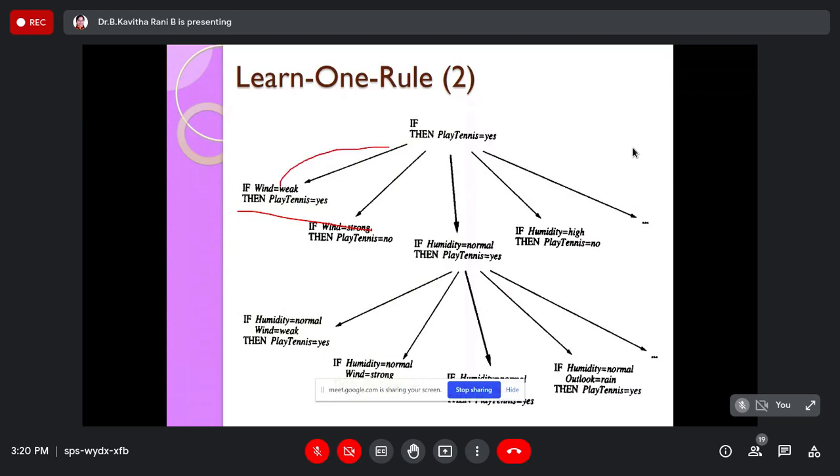So this is dependent on this. If wind is equal to strong, then play tennis is equal to no. Like this, we are going to generate different types of rules. The aim of all these things is for framing the rules. First we frame the rules and then we generate the decision tree. With that we get the result or solution.